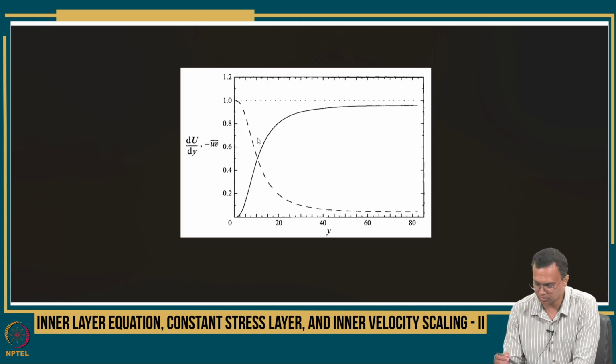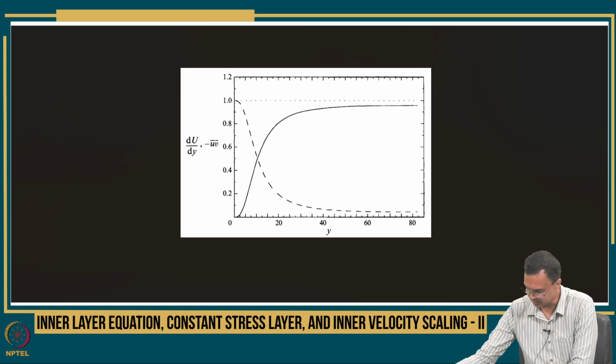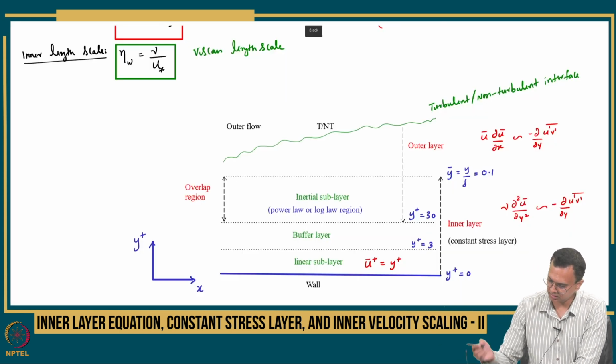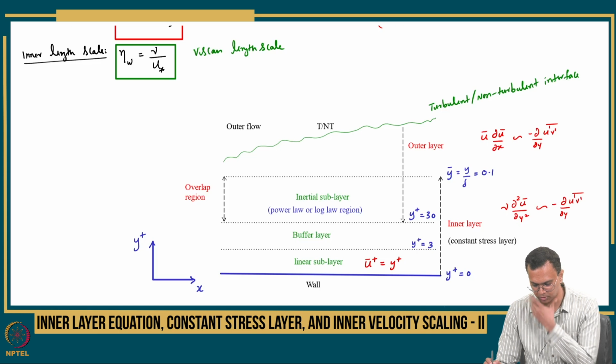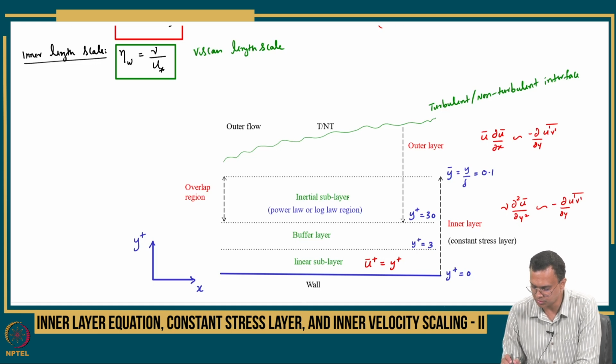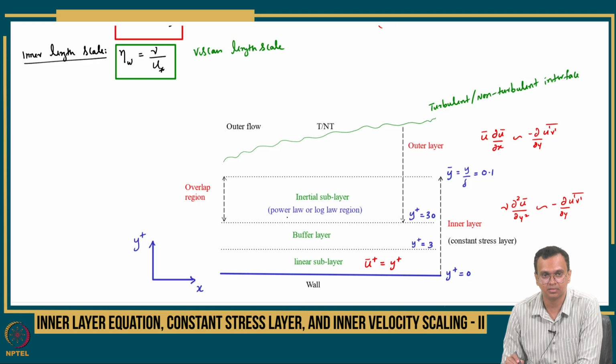So now you understand from the y plus coordinate point of view that this is the buffer layer where these two terms are dominant, and in the linear sublayer only the viscous term is dominant, and far away only the turbulent quantity is dominant.